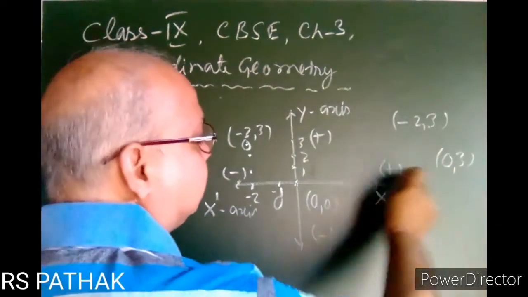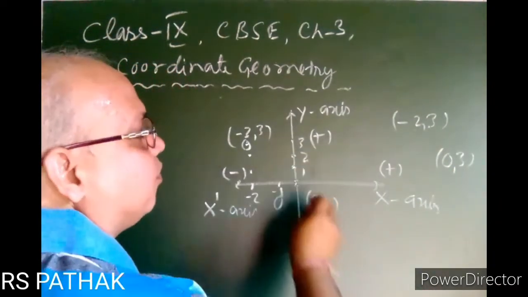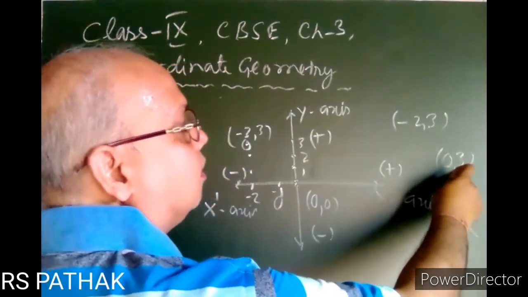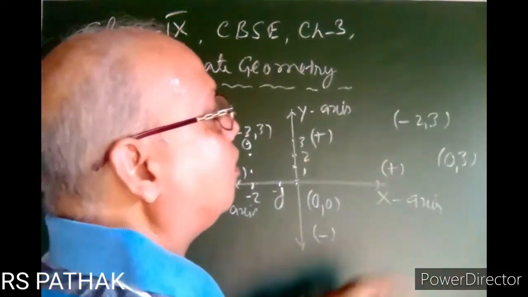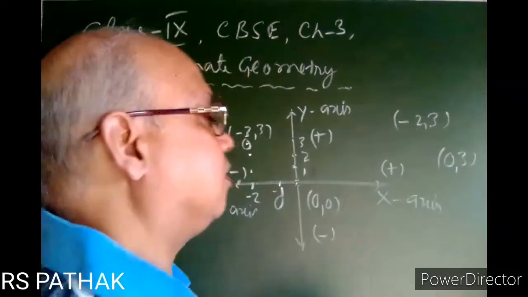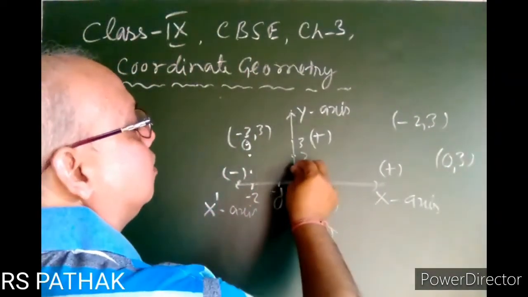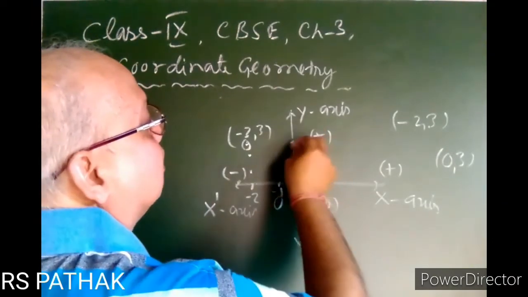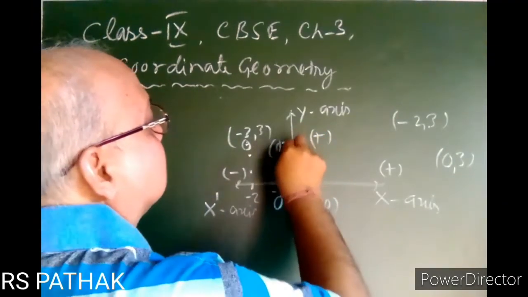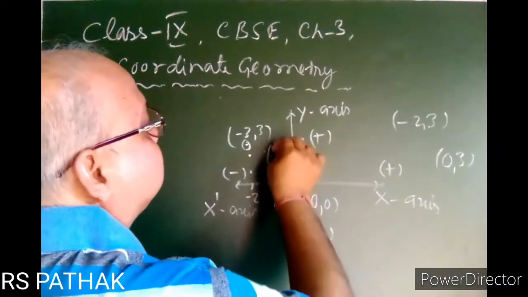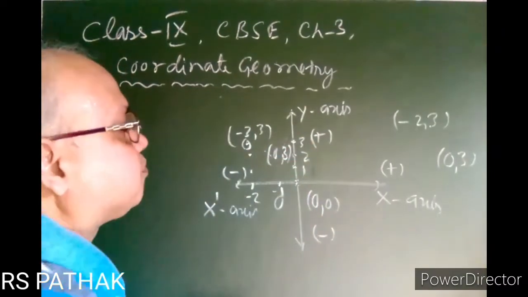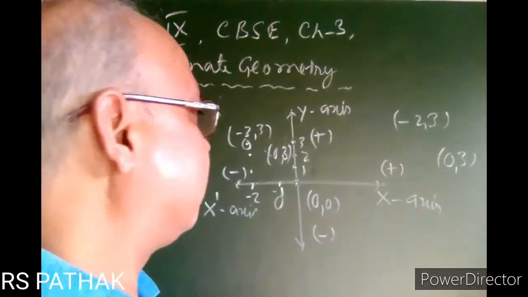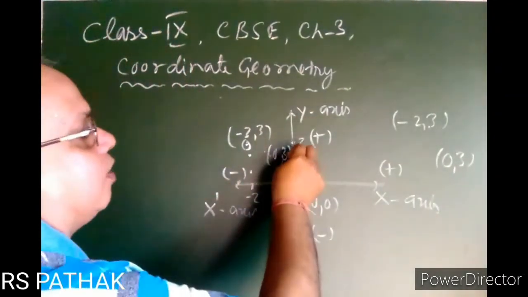Then x is 0 means this point O, and 3 means along the positive direction of the y-axis: 1, 2, 3. You will reach here, (0, 3). This point lies on the y-axis.